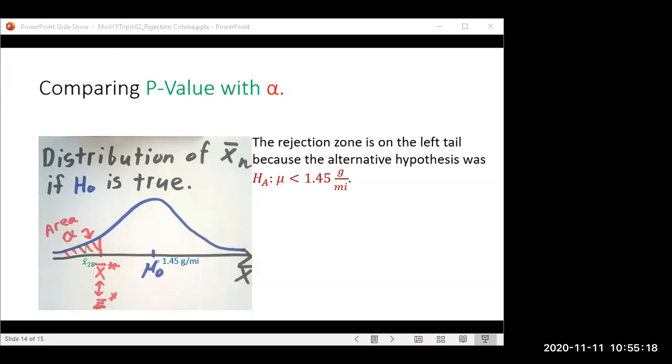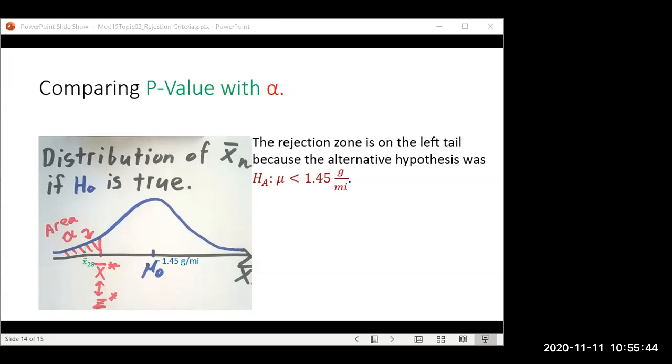They told us the mean was 1.45. They gave us the standard deviation. This curve is the null hypothesis, and we're going to reject it if we get a sample mean far enough off to the left. Left because of the less than in the alternative hypothesis.